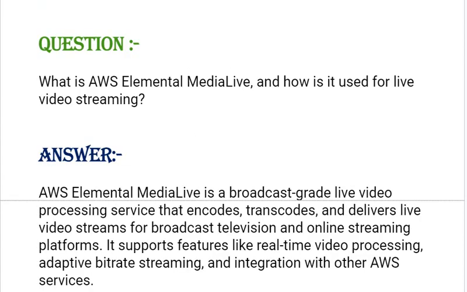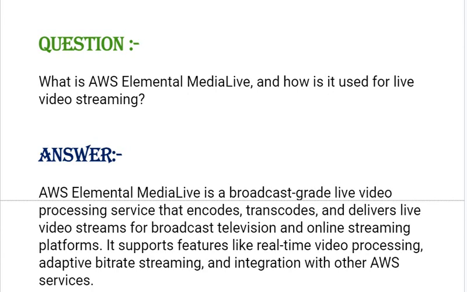Our next interview question is, what is AWS Elemental MediaLive and how is it used for live video streaming? Your answer should be AWS Elemental MediaLive is a broadcast grade live video processing service that encodes, transcodes, and delivers live video streams for broadcast, television, and online streaming platforms.